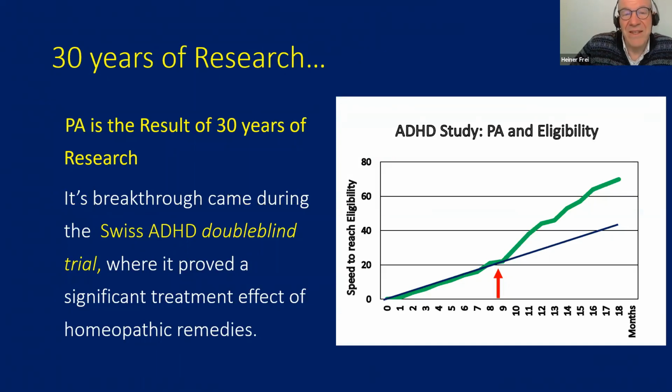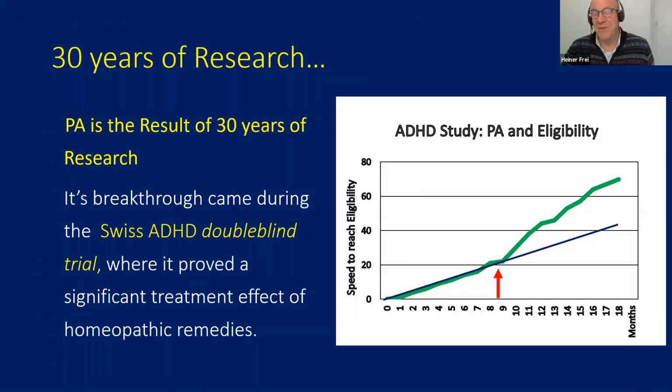Polarity analysis is the result of 30 years of research aimed at improving homeopathic remedy determination. Its breakthrough came during the Swiss ADHD double-blind trial, where it proved the significant treatment effect of homeopathic remedies.